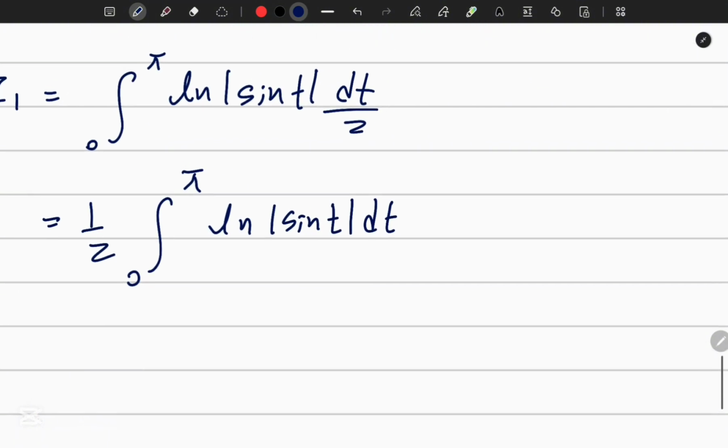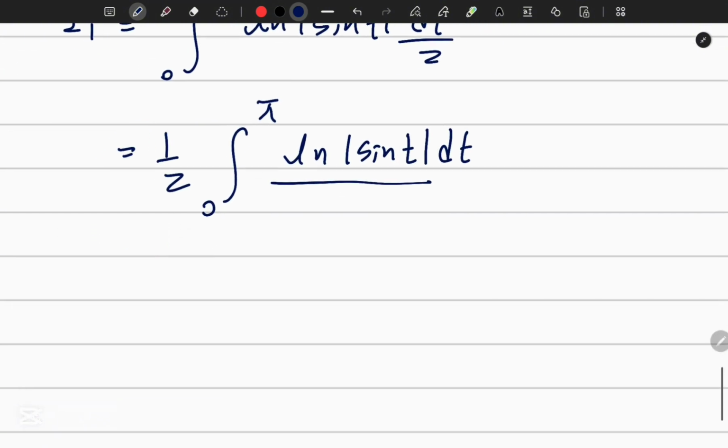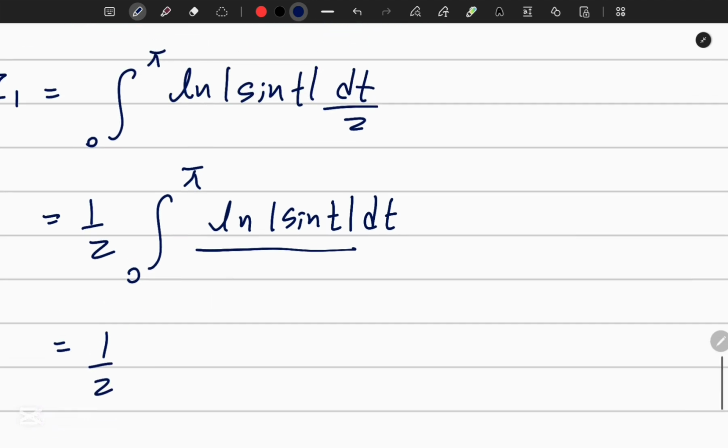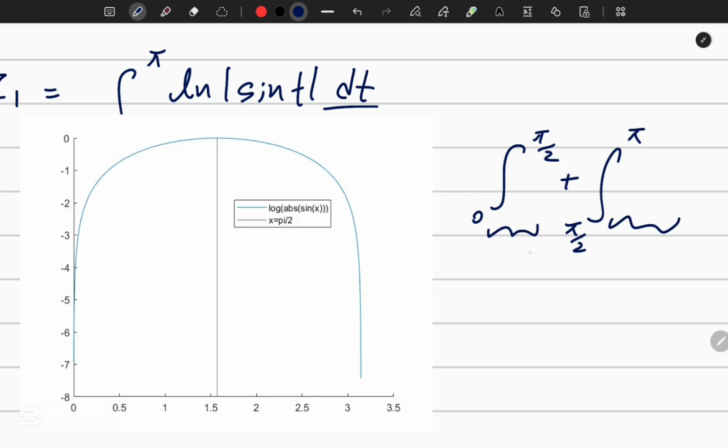By the symmetry of ln sin t, I can split this into the integral from 0 to π/2 and from π/2 to π. By looking at the graph, we can say these two are equal.